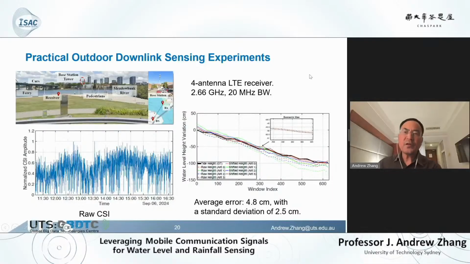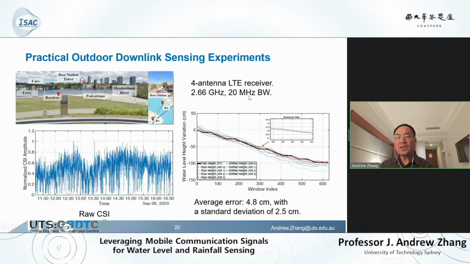We further did field trials, and we placed the software-defined radio at various locations, from very close to the water to tens and even hundreds of meters away from the water, with or without a line of sight path between the SDR device and the river.